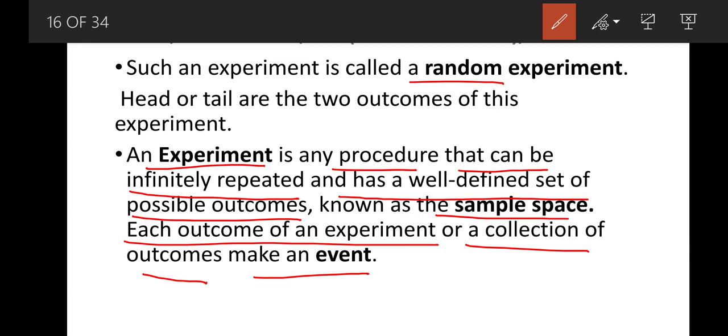Each outcome of an experiment or a collection of outcomes makes an event. These are certain terms which you should know to understand this concept of probability well.